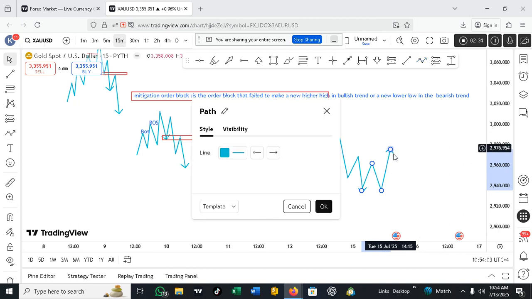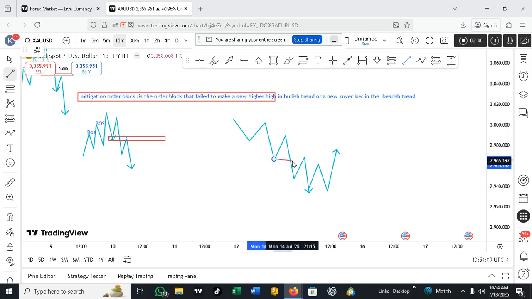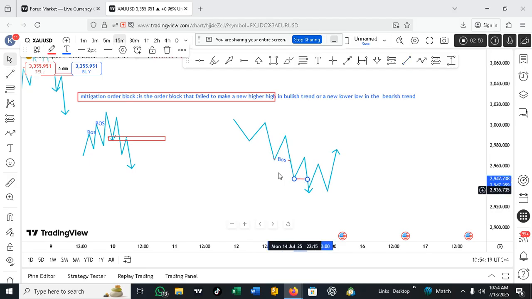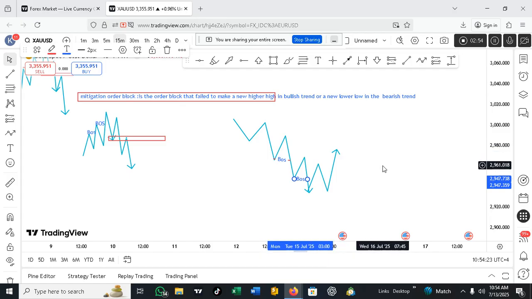As you can see, guys, the market was making breaks of structure in a downward movement.